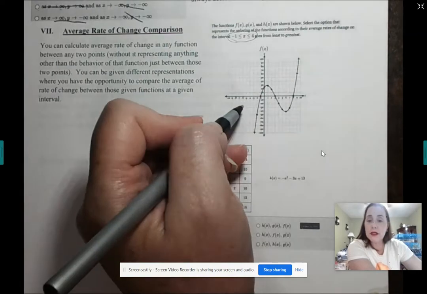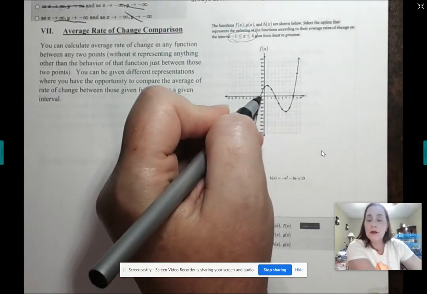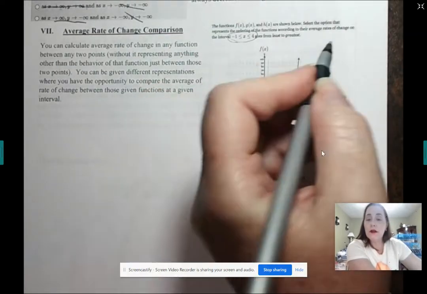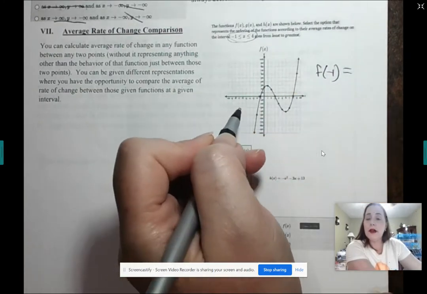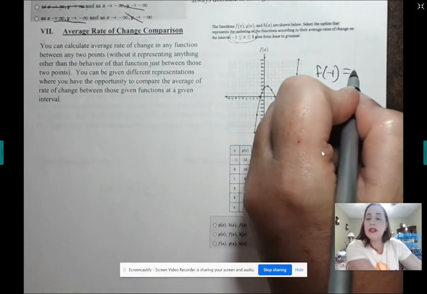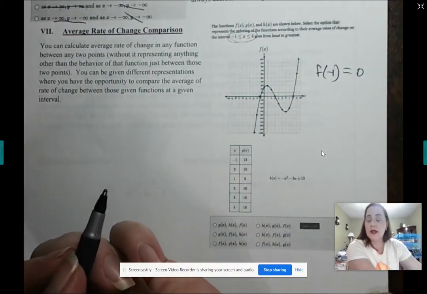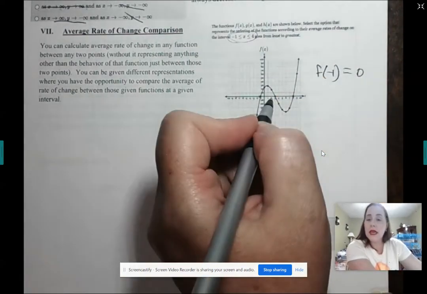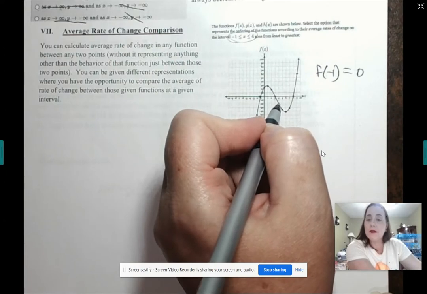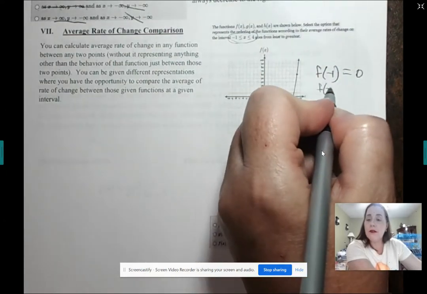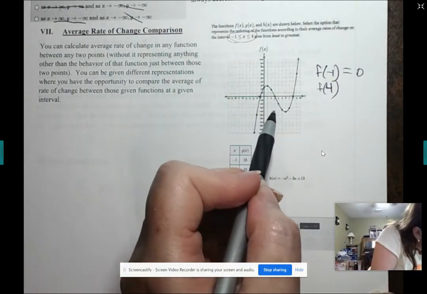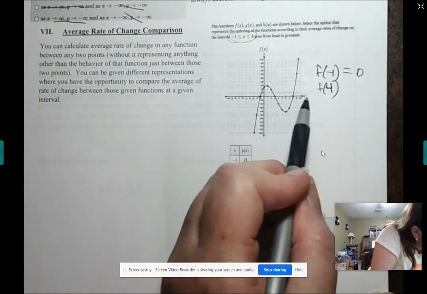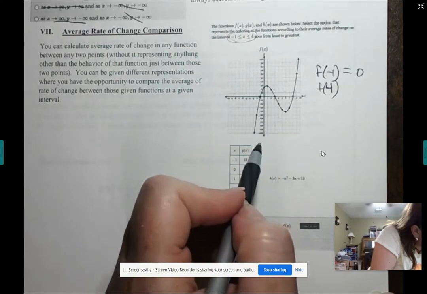So for example, this graph right here, if I look at the x value of -1, the function is sitting on the x-axis at that point. So it has a y value of 0. If I look at the x value of 4 on this graph, notice that these are counting by 1s on the x-axis and 10s on the y-axis.